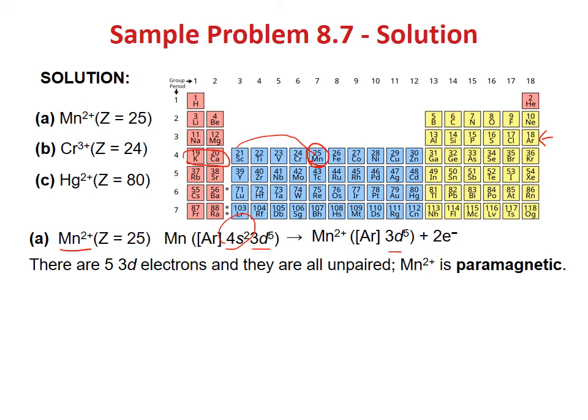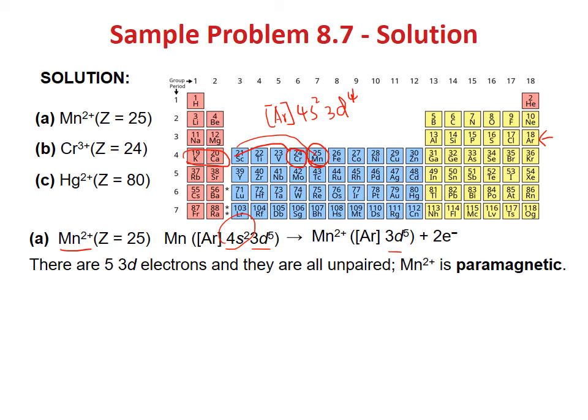Next one is chromium. Chromium is right here, and looking at the periodic table, we may write [Ar] 4s2, 3d4. You have 4 electrons in the d orbitals. Now remember, filled orbitals or half-filled orbitals are exceptionally stable.